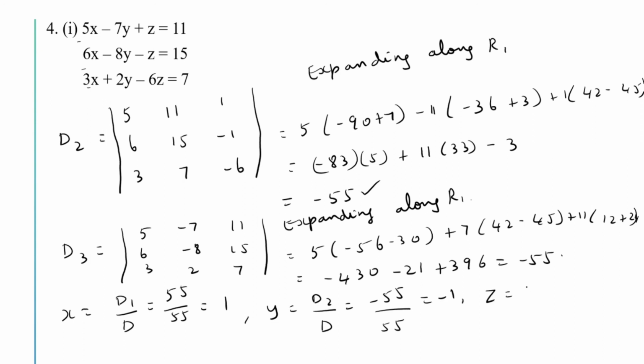Then z is equal to d3 by d. So it is equal to minus, d3 we got minus 55. Minus 55 by d is 55. So this is also equal to minus 1. Therefore, x is equal to 1, y is equal to minus 1 and z is equal to minus 1. This is using Cramer's rule.